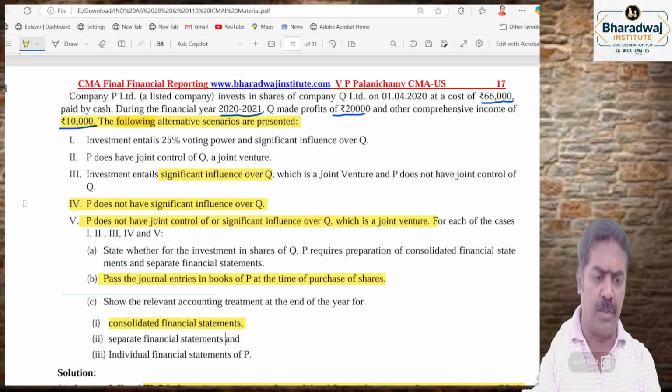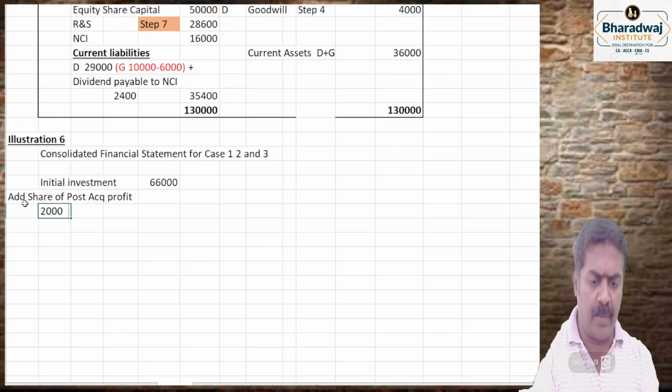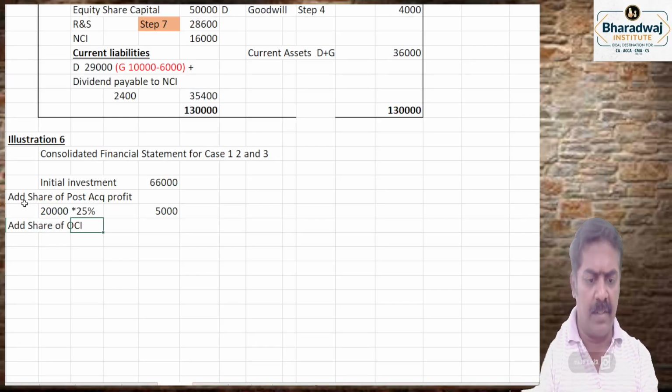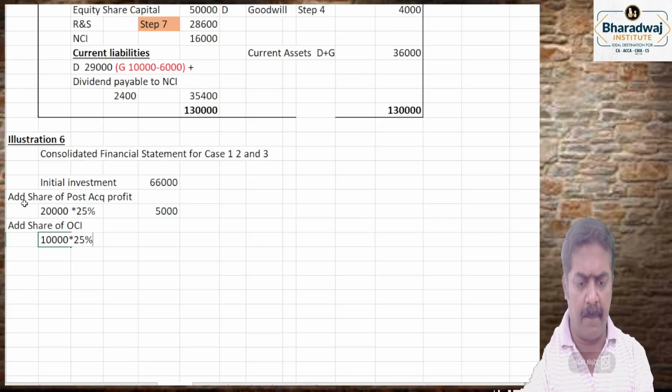What is the post acquisition profit earned? 20,000 into 25%. How much? 5,000. Add share of OCI. How much OCI? 10,000 into 25%. How much? 2,500. So investment for balance sheet.